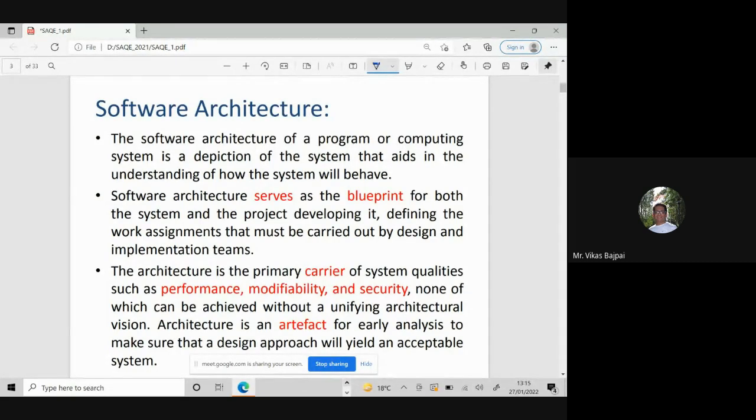Each of these structures comprises small software elements, and these software elements are related to each other.